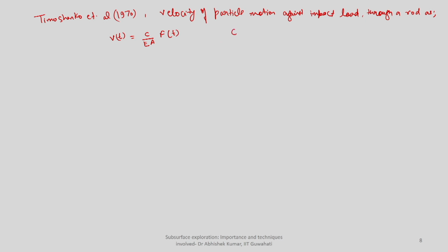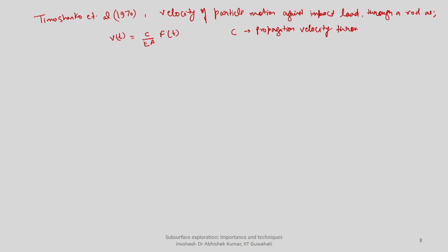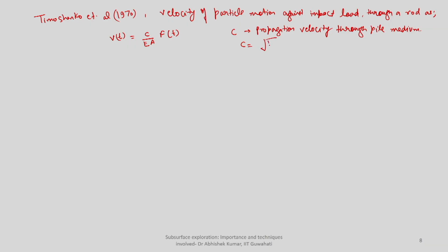Here c is the propagation velocity through the rod medium, the propagation velocity of the wave. One is the propagation velocity of the wave, the second is the velocity with which particle movement is happening as a result of passage of the wave. The propagation velocity through the pile medium, as discussed in the geophysical test, depends upon the characteristics of the pile material.